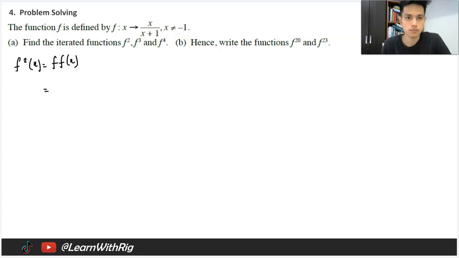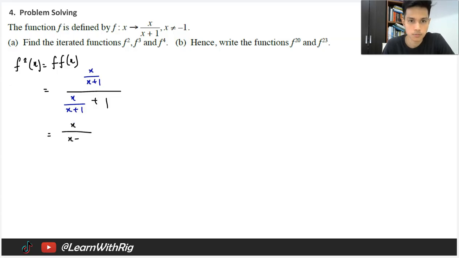So x over x plus 1, but now the x is going to be x over x plus 1. So what do you get?